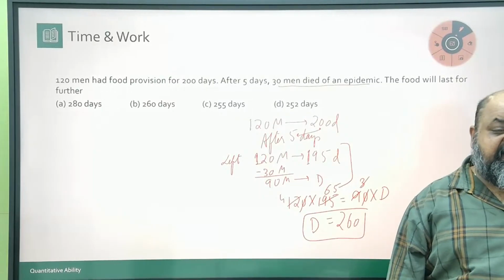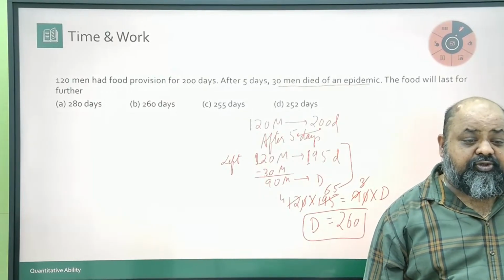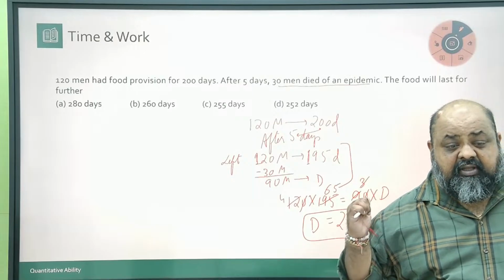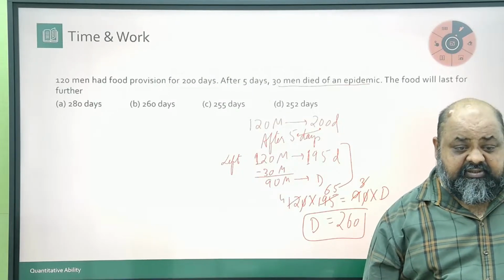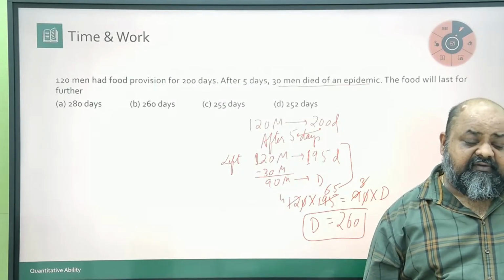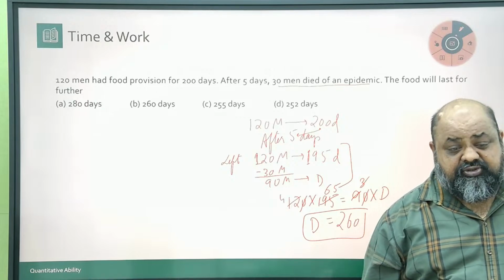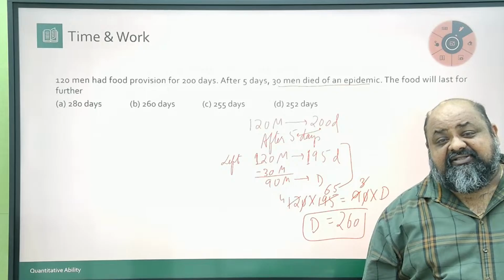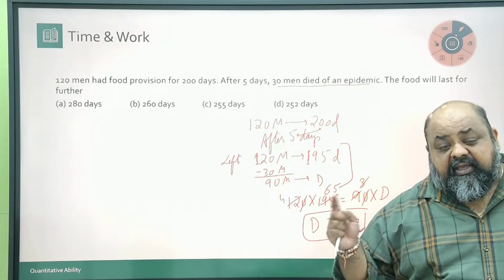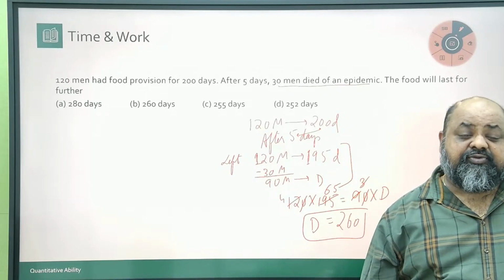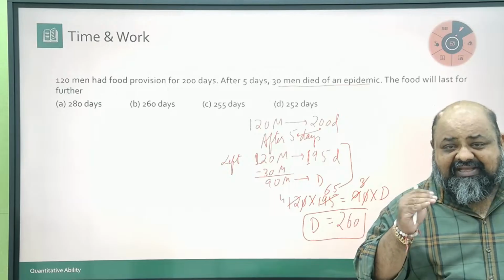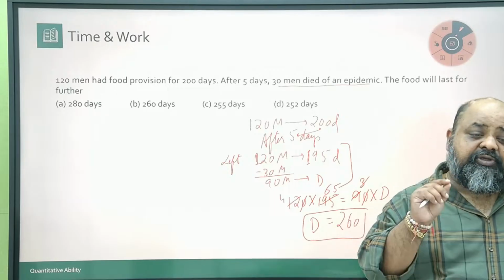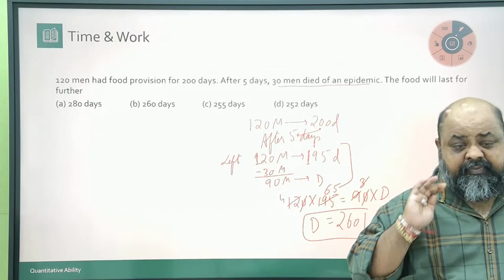So after the first 5 days, the food should have lasted for 195 days, but instead it will last for 260 days. And therefore, how long will the food last further? Answer is 260. The question might also ask you how many days does the food last in total, in which case the answer will be 260 plus 5 or 265. So always read that last line of the question again to be sure of which value is being asked for.